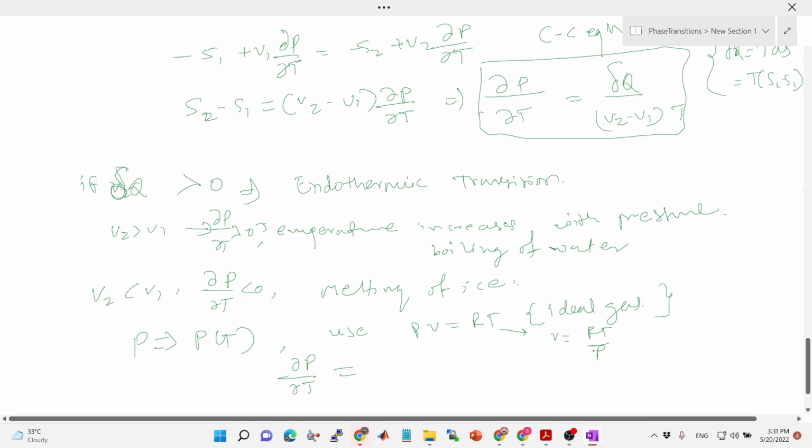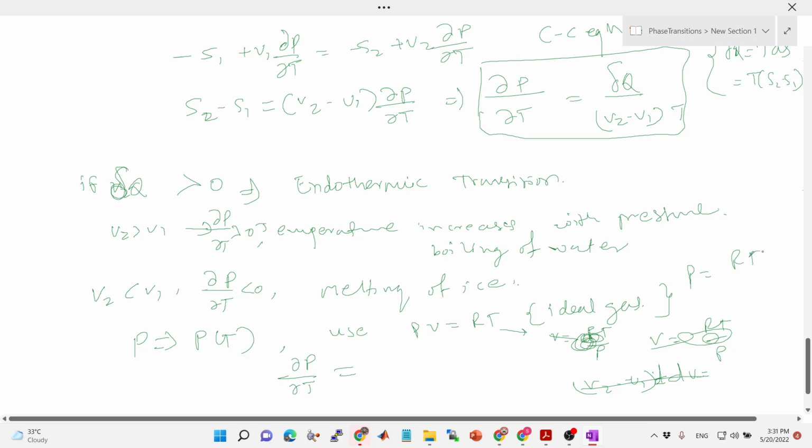Therefore V2 minus V1, basically dV, will be the derivative of V. Just a minute, let's express this in terms of ratio.